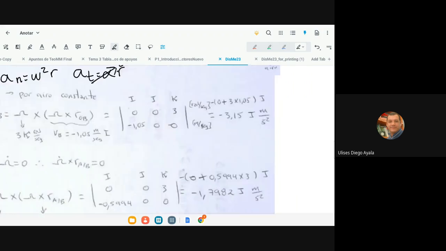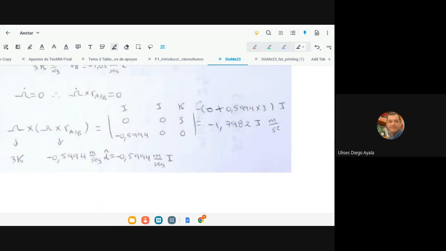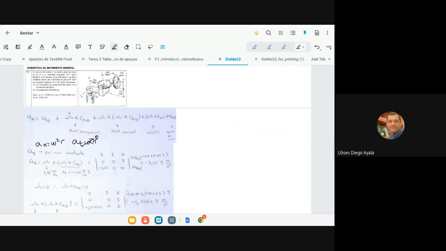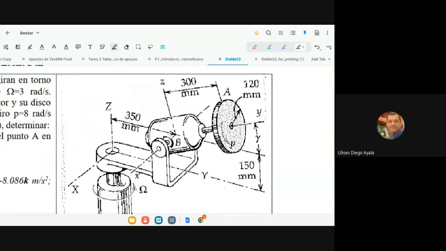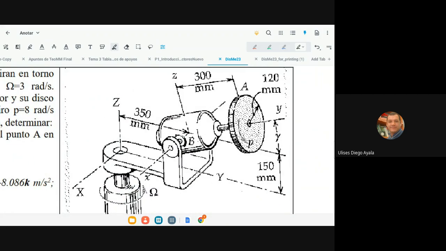And we have this acceleration. Why is the capital the same as the lower case? Because it was defined here. Because it's parallel. If you use the right hand rule, it will be the same.